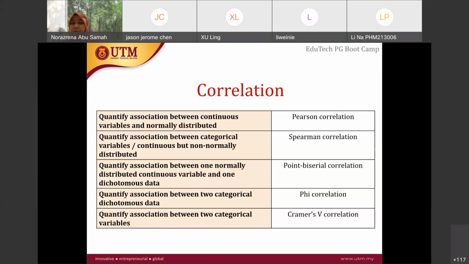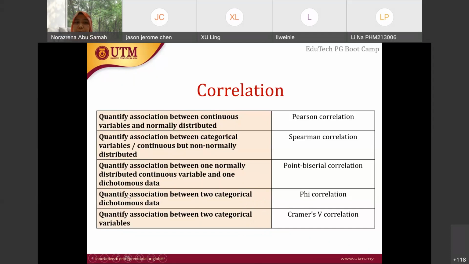It is also called discrete data. For these two, first you will run the chi-square test to identify the correlation, and then to determine the strength of the correlation, you use phi or Cramer's V. It depends.